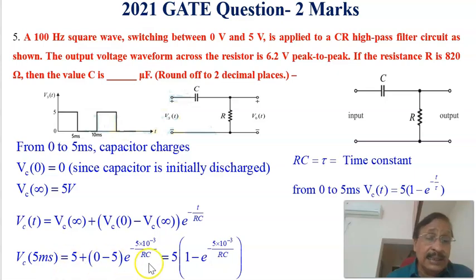This is the voltage at 5 milliseconds, and the generalized equation gives the capacitor voltage at any instant.